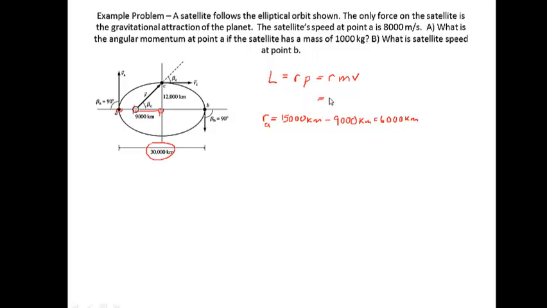In order to calculate the angular momentum, you take 6,000 and you want to get meters. So 6,000, add 3 zeros, so it would be 6.0 times 10 to the 6th. That's changing kilometers to meters. Times the mass, that's 1,000. Times the velocity, 8,000.